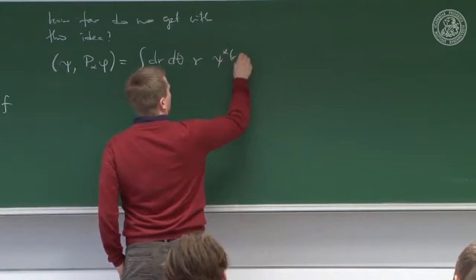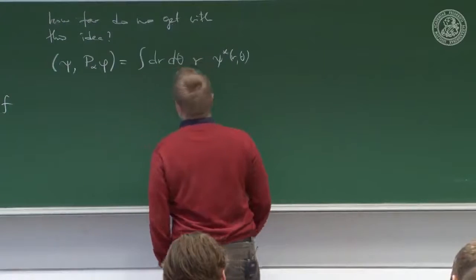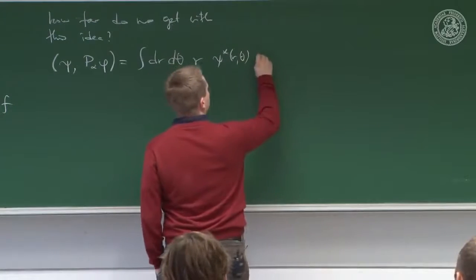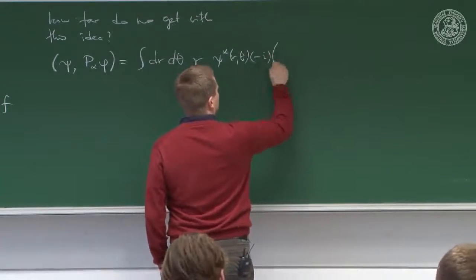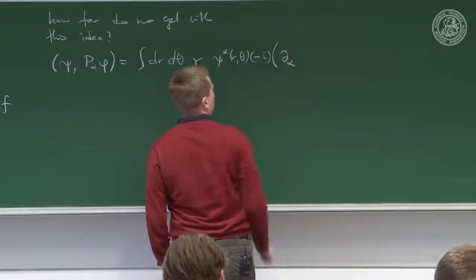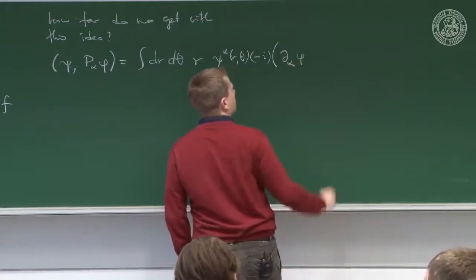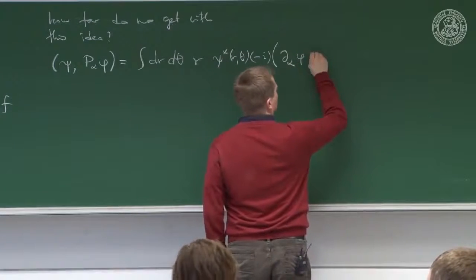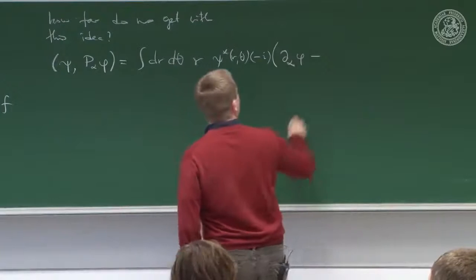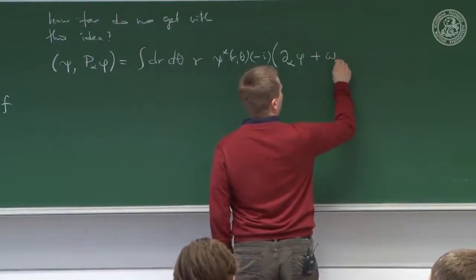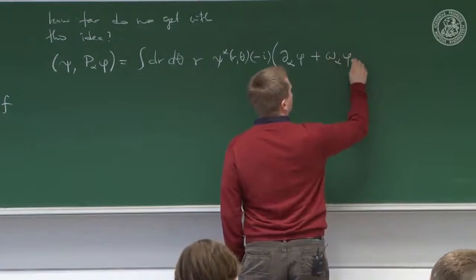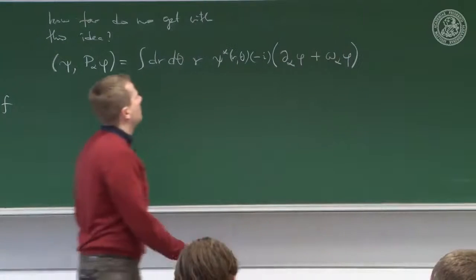Psi star of r and theta, but now the derivative here is minus I times del alpha, the trivial action, on phi, plus some omega alpha, which we're going to determine, on phi.